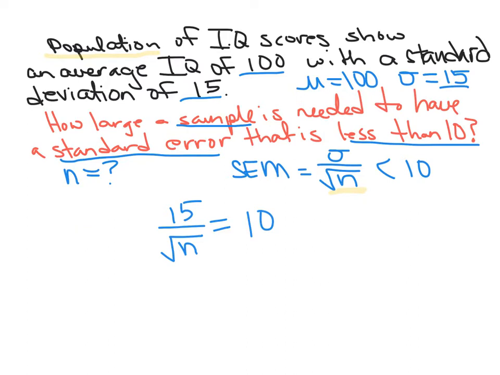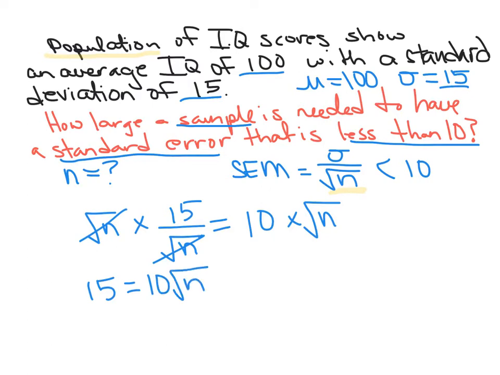If we multiply by the square root of n, that cancels this out here, and then we multiply this side by the square root of n. So then we end up with 15 equals 10 square root n.